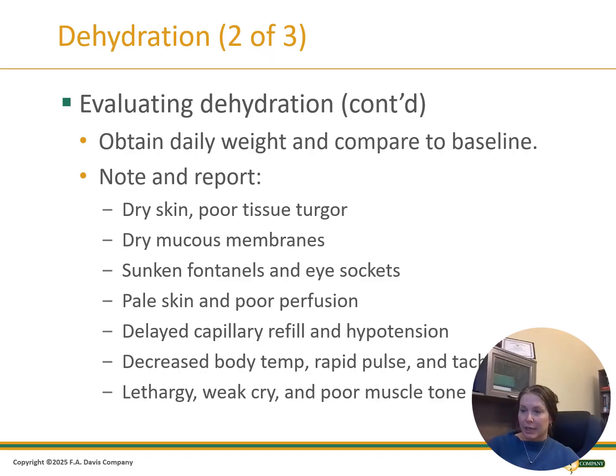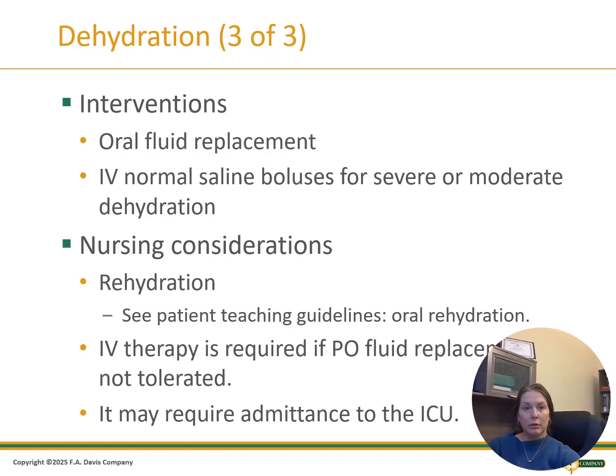Okay, so evaluating this dehydration, we want to obtain a daily weight and compare it to our baseline. What you're going to look for in these children: dry skin, poor tissue turgor, dry mucous membranes, a sunken fontanelle, sunken eye sockets, pale skin and poor perfusion, delayed capillary refill, hypotension, a decreased body temperature, rapid pulse, tachypnea, lethargy, a weak cry, and just poor muscle tone overall.